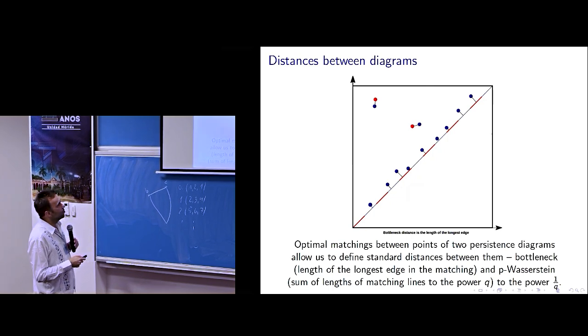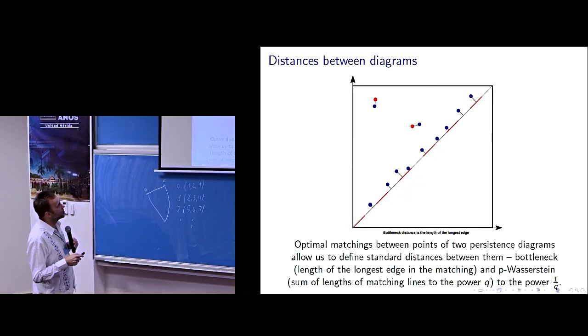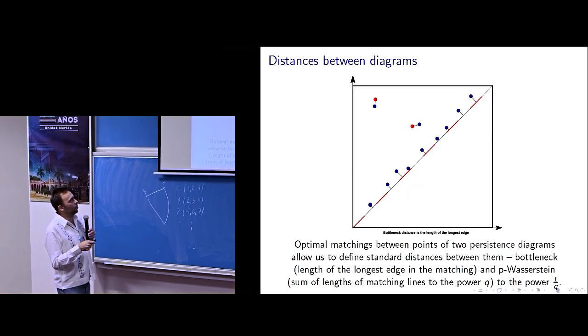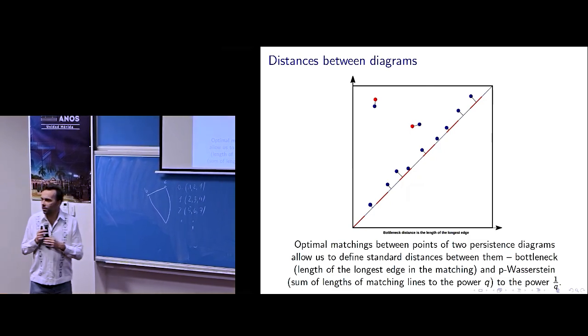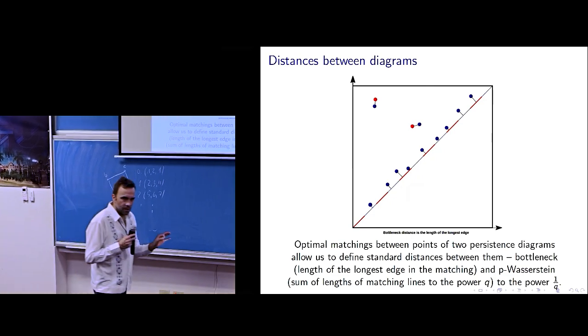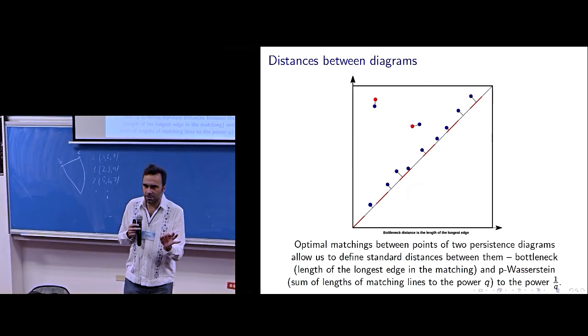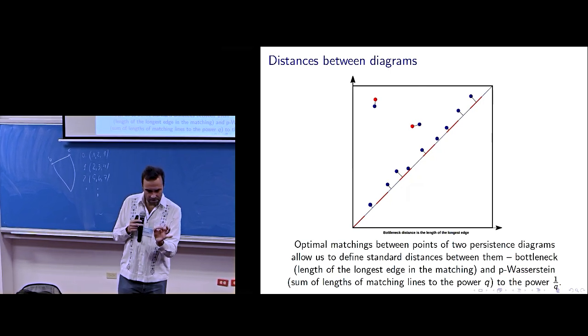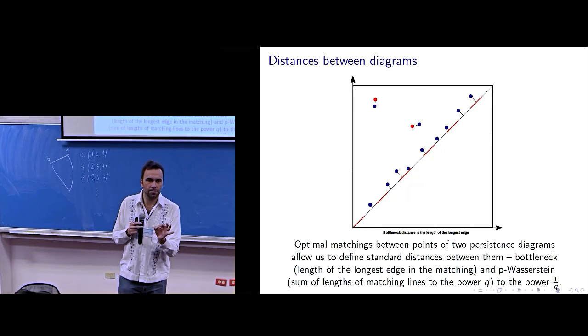But in order to be able to match persistence diagrams of different cardinality, we can realize that the points on the diagonal are something like virtual particles in quantum physics. A homology class that appears and dies almost immediately. These are points with the birth and the death time equal.